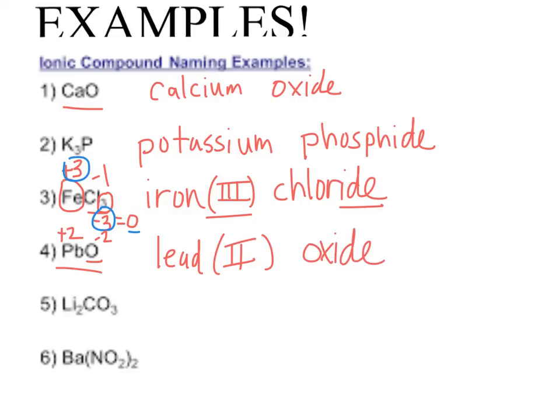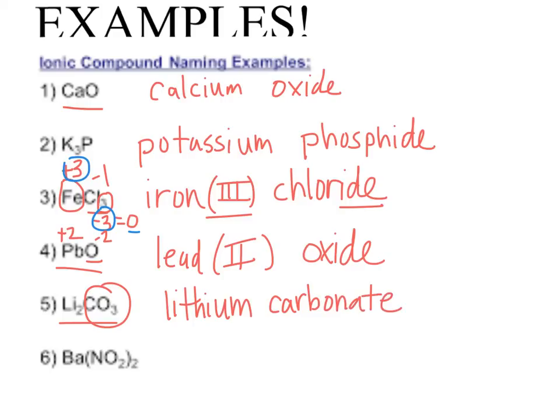Okay, lead 2 oxide. Then the next one here, lithium. And then CO3 is polyatomic, so that's on your common ion sheet, and that is carbonate. Okay, so that's lithium carbonate.